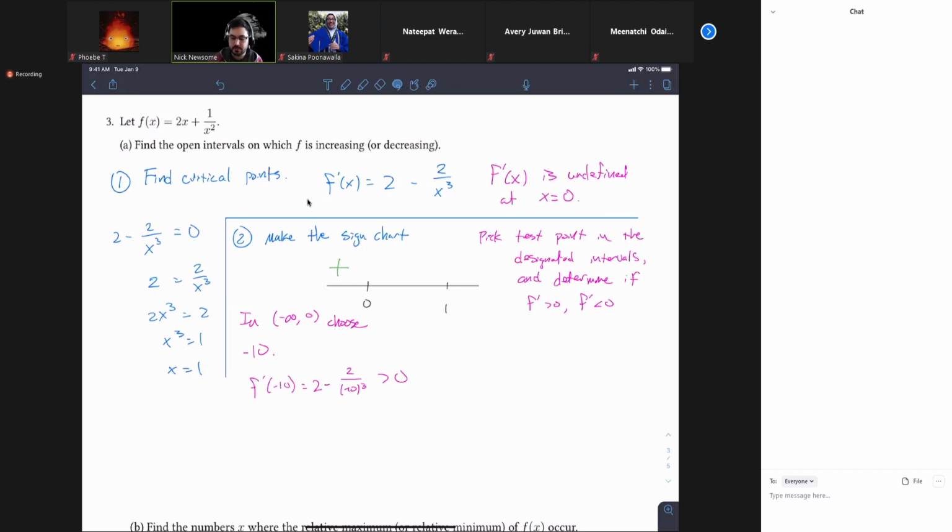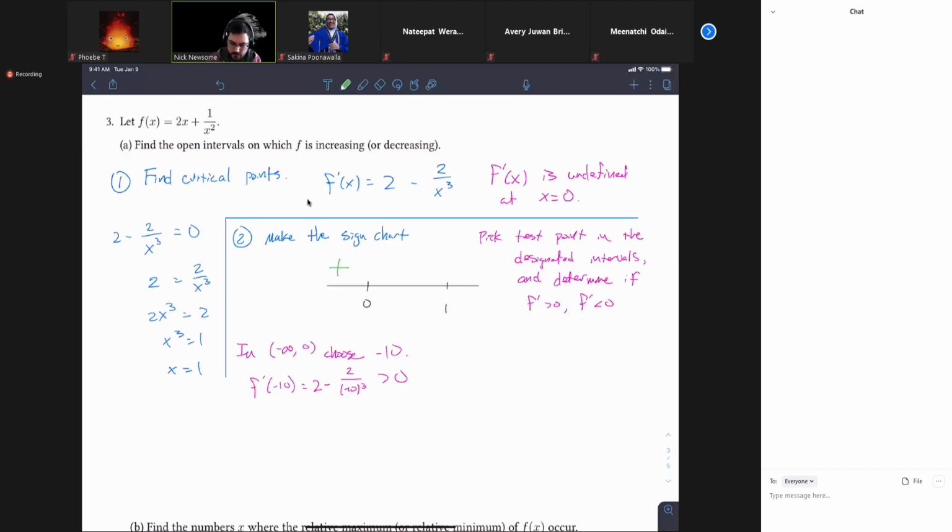So this is what I mean when I say pick a test point and then determine if your thing is positive or negative. So hopefully that clears up some of that confusion.